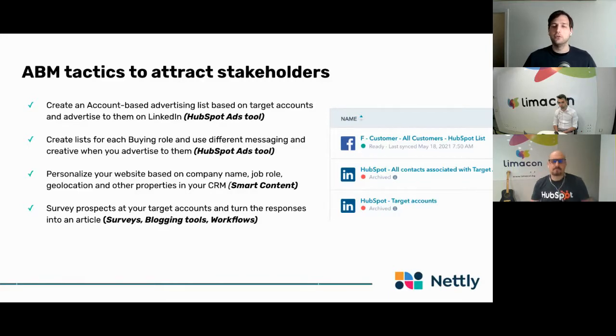Or maybe, let's say you're targeting the CTOs in the 500 biggest companies in Europe. Maybe you could use the survey tool in HubSpot, reach out to the CTOs and ask them to contribute to one of your posts. You can then host that content on the blogging tool in HubSpot and engage with them that way.